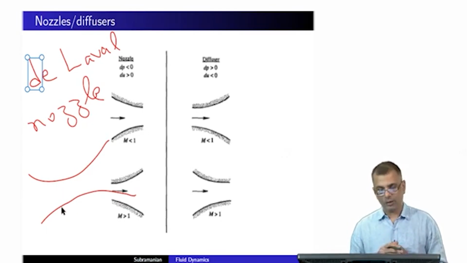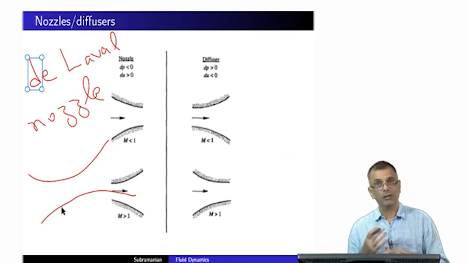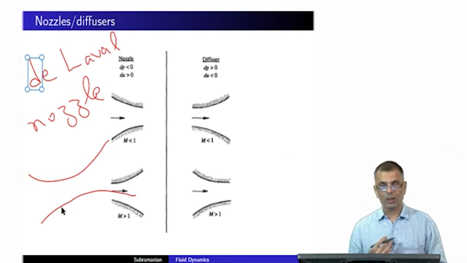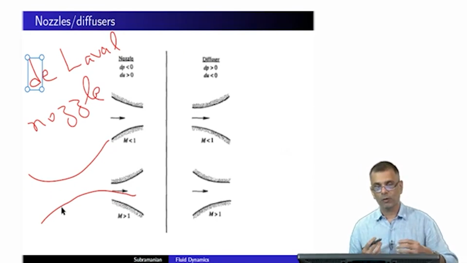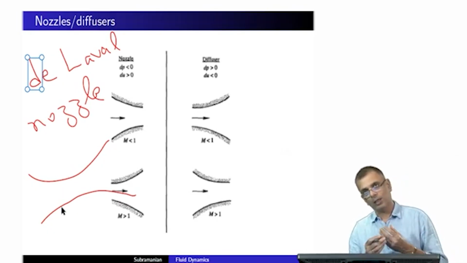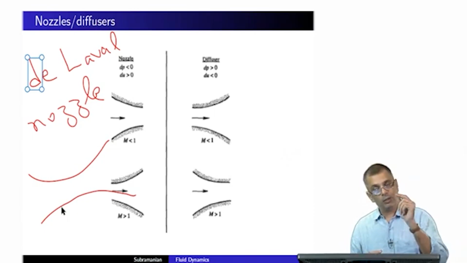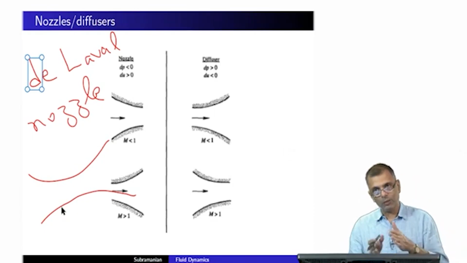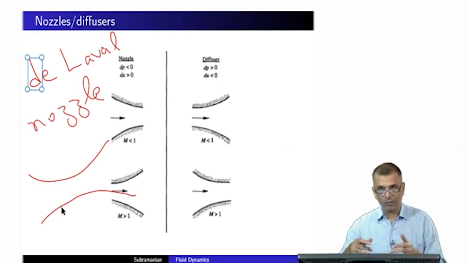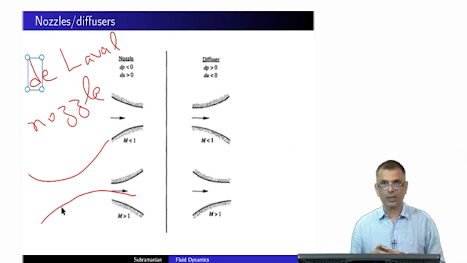This was used for engineering applications, specifically for rocket thrusters, where you want the flow to accelerate to get a large momentum thrust. You already know that the exhaust is supersonic, so you want a diverging nozzle at the end of the rocket so that the flow accelerates.